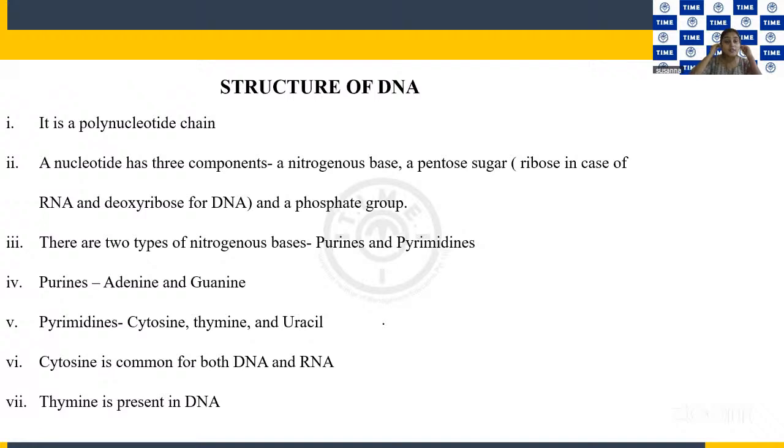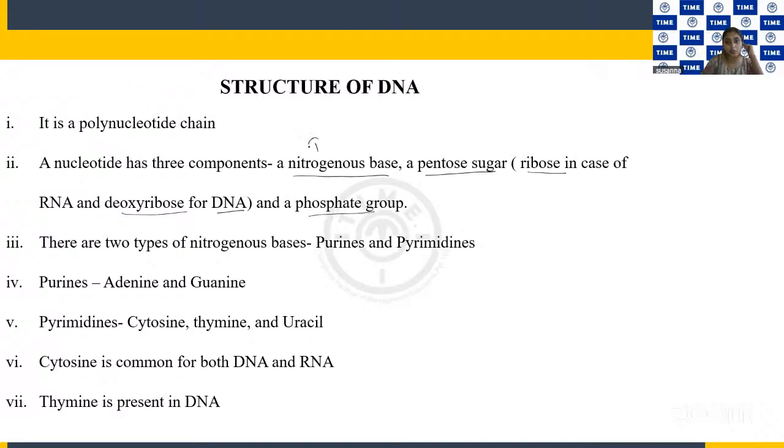When you consider the structure, a nucleotide has three components. Here, there is a nitrogenous base, a pentose sugar, which in the case of RNA will be a ribose sugar and in the case of DNA will be a deoxyribose sugar, and a phosphate group.